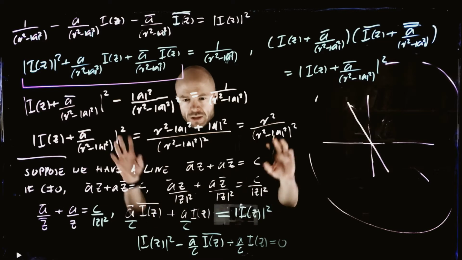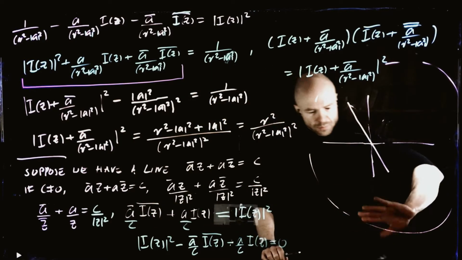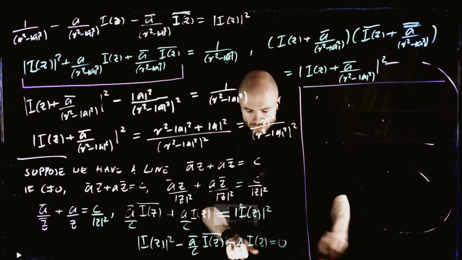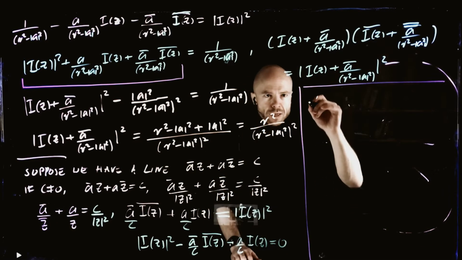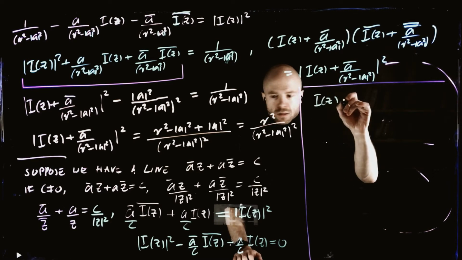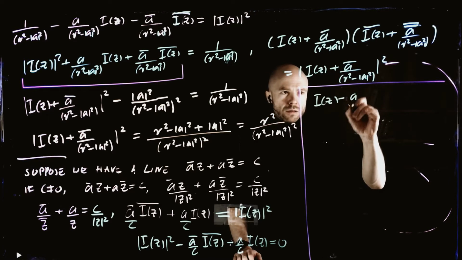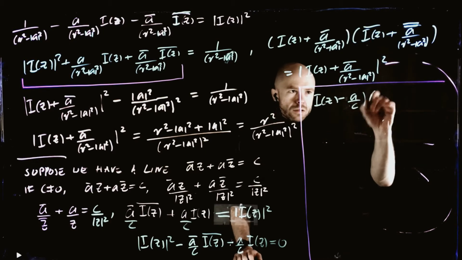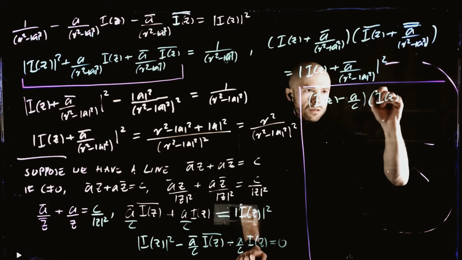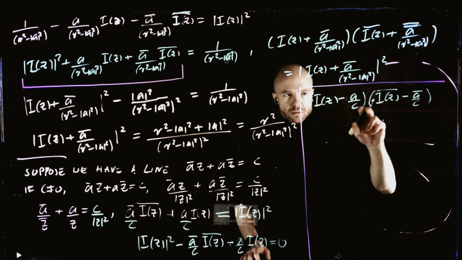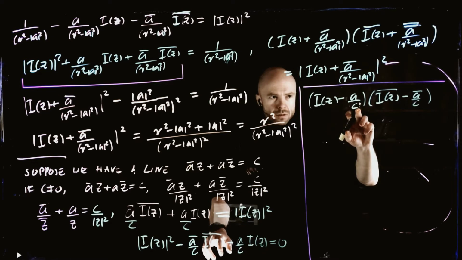And then we're going to complete the square again to actually get the equation. So what would we expect it to be? Let's try this: let's do I of Z, and let's try A over C like this. If we do this, do we get what we want? We do not.